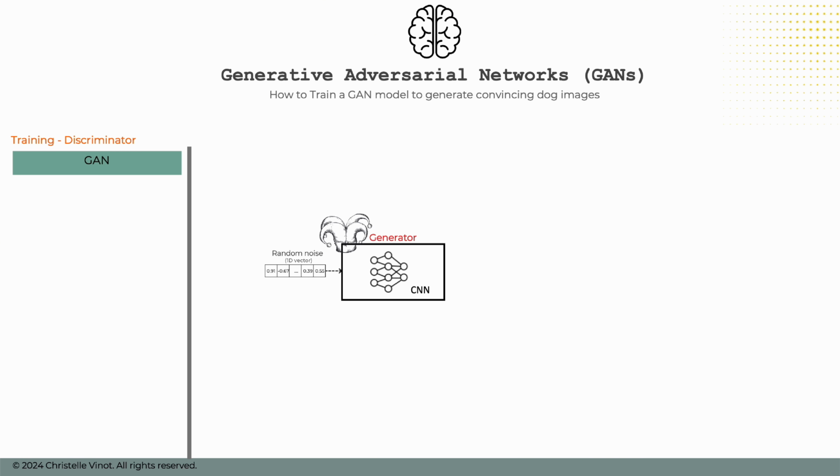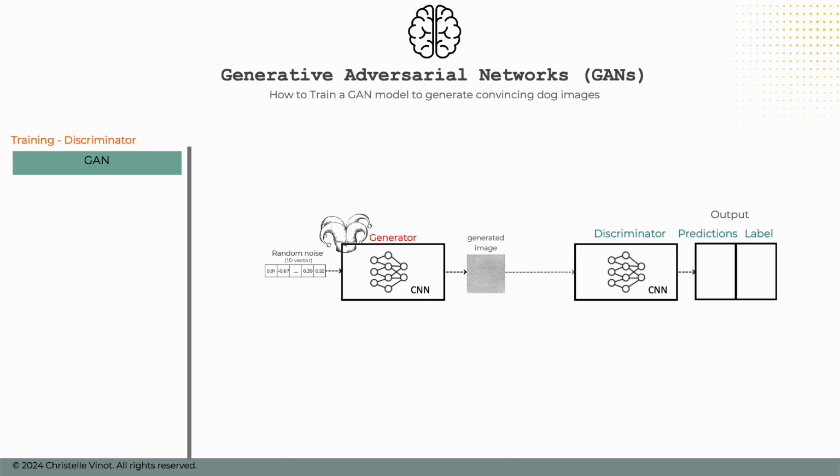Just think of them as arrays of numbers. In this case, they are random, and typically the more values you find in a vector, the more complex things are. So in this case, the more values you see in this vector, the more complex the images are going to be. Now, because our generator is only getting started, this is the image that it creates. It's not very convincing, but that's a start.